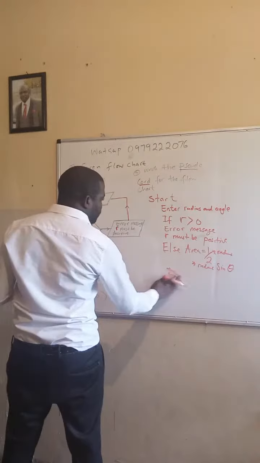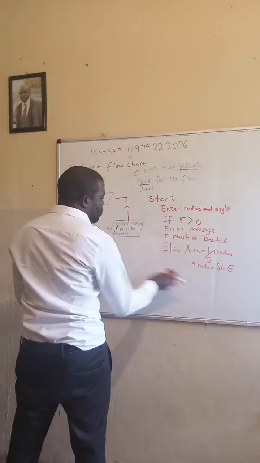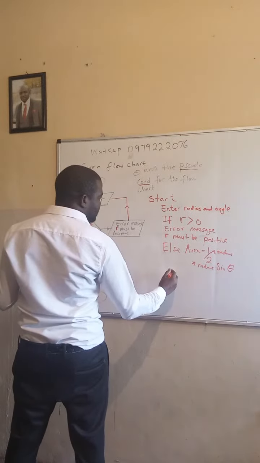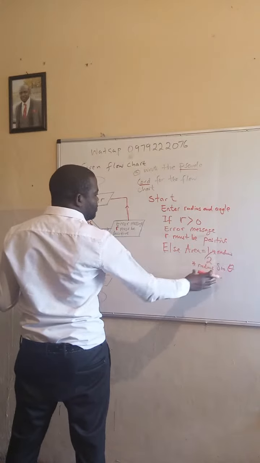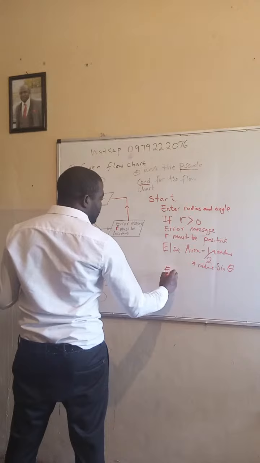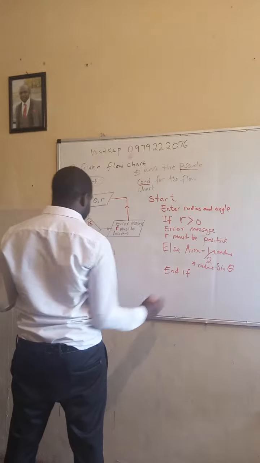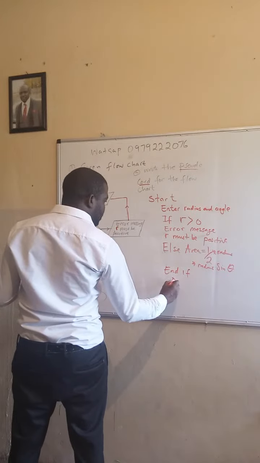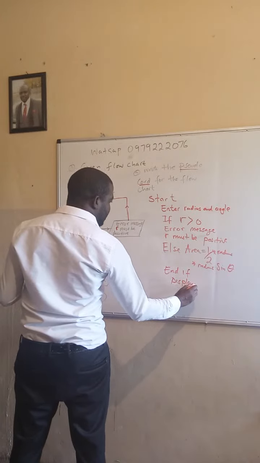Before you write the last command, you write end if. End if, I've written this because there's no space this side that you can see. Then you write down here, display area.